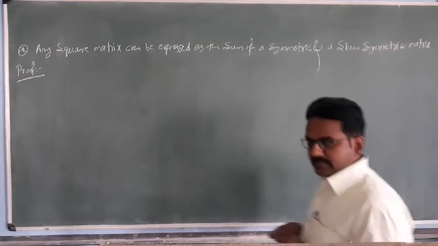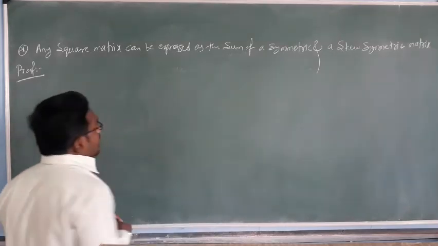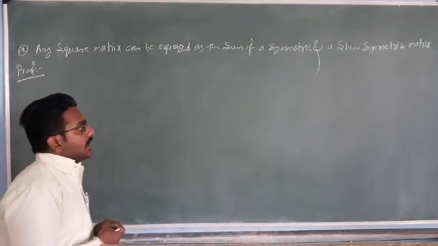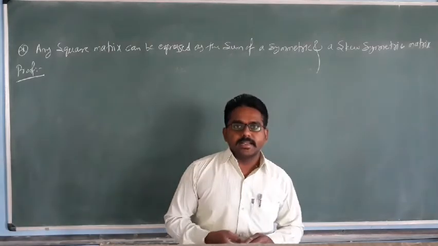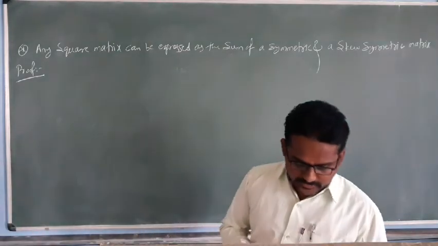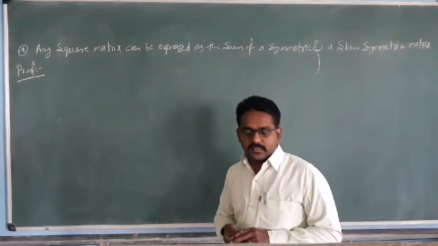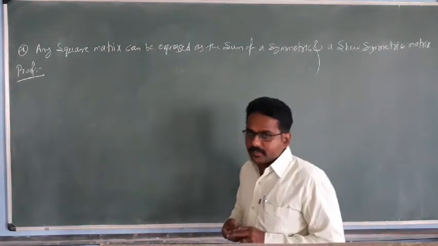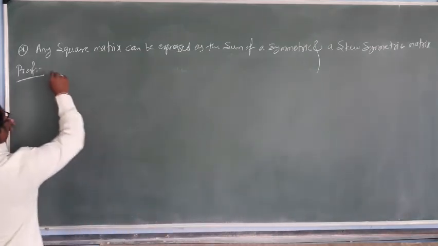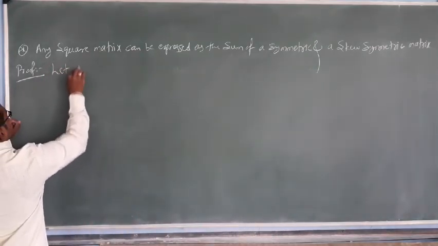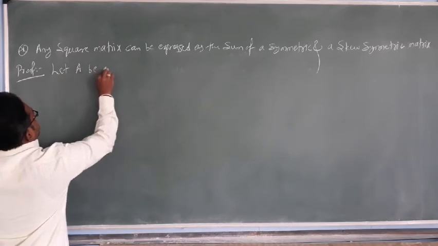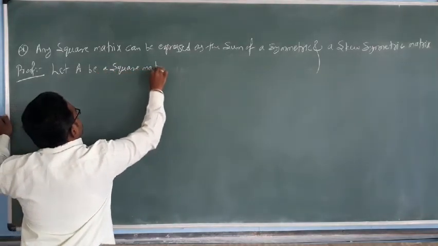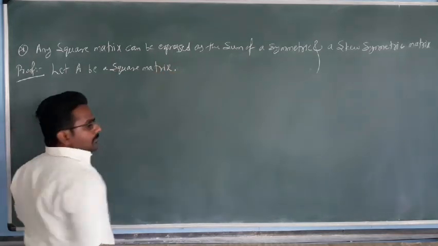Okay, next statement, students. Any square matrix can be expressed as the sum of a symmetric and a skew symmetric matrix. Let A be a square matrix.